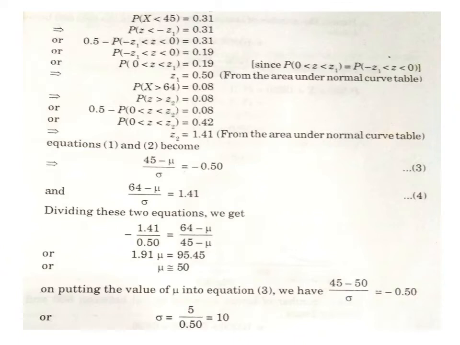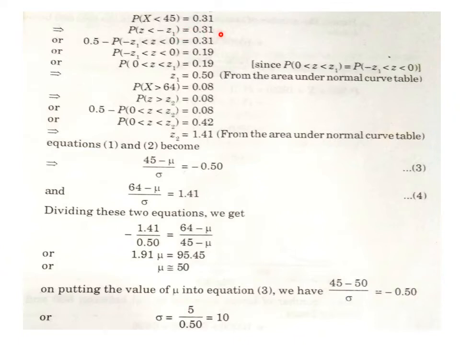Now using that first given result, P(x less than 45) equals 0.31, before using the table we have to convert it into z model and specifically into the 0 less than z less than a form. For that, as we know, if x is less than 45, then z is obviously less than minus z1, because at x equals 45 we assumed z equals minus z1.